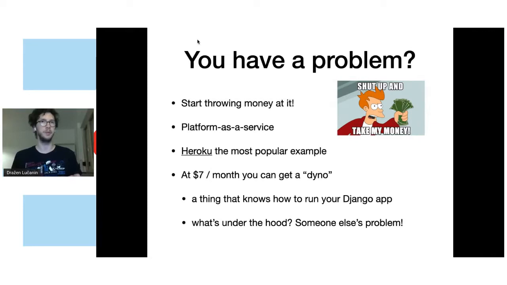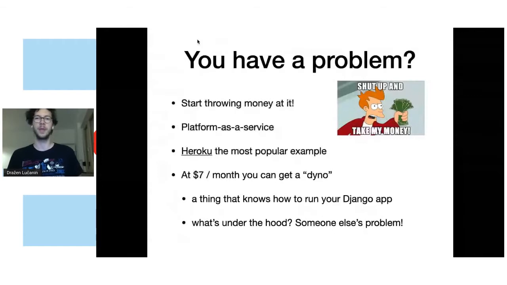And what is a dyno? Well, it's something that knows how to run your Django app. How does it work under the hood? Who knows? It's someone else's problem. That's what we're paying them for. It's a very simple approach. It sounds a bit crude maybe, but you'll get to appreciate this, hopefully, especially after the whole self-hosted segment.